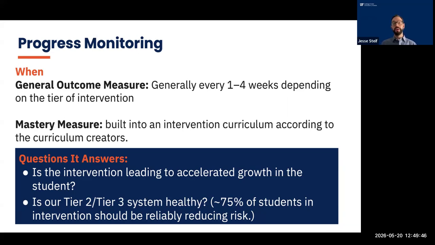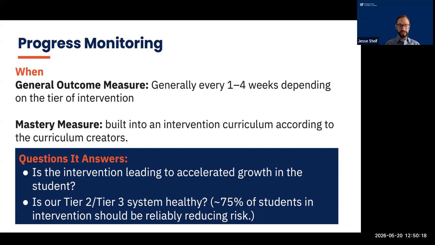But from a systems level, examining our progress monitoring data, aggregating it from a school leadership perspective, and understanding the proportion of students in tier two and tier three intervention who are making progress, who are reducing their risk, or who are not, tells us a lot about how effective our tier two and tier three system actually is.